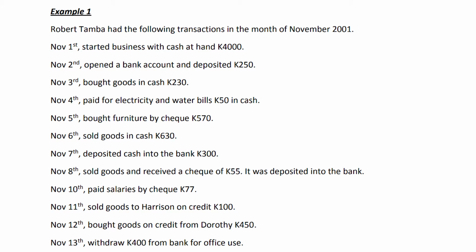On the 11th of November, sold goods to Harrison on credit amounting to 100 kwacha. On the 12th of November, bought goods on credit from Dorothy amounting to 450 kwacha. On the 13th of November, withdrew 400 kwacha from bank for office use.